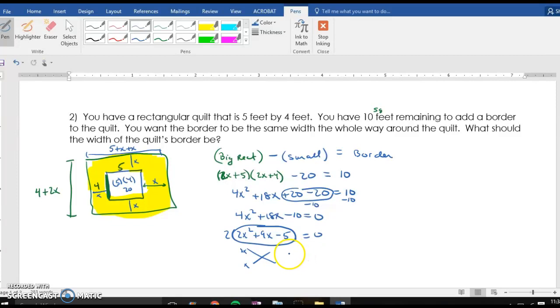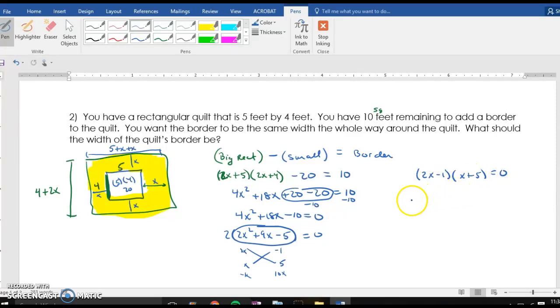We would say 5 down here, negative 1 here, right? That gives us negative x, that gives us 10x. Does that add up to 9x? Yes. So this factors out to be (2x minus 1)(x plus 5) equals 0.